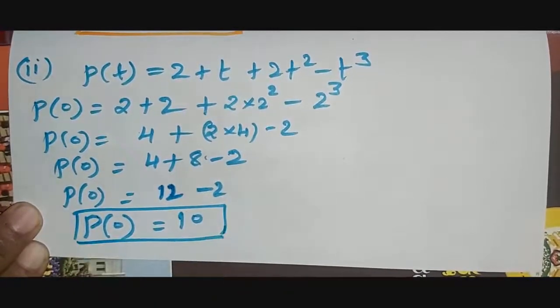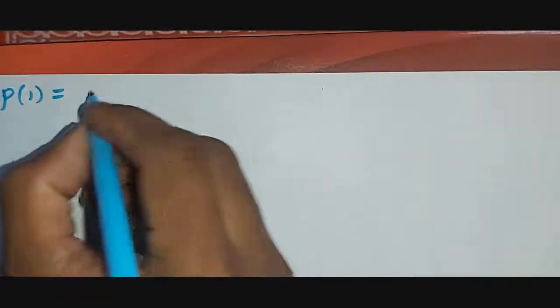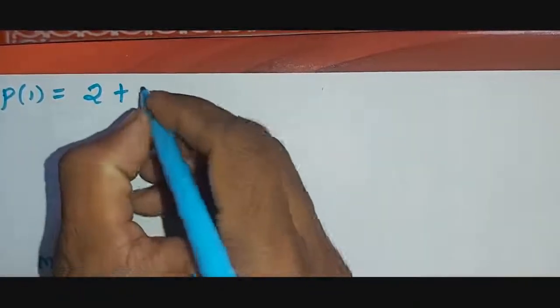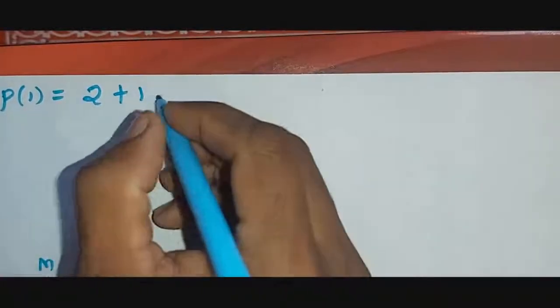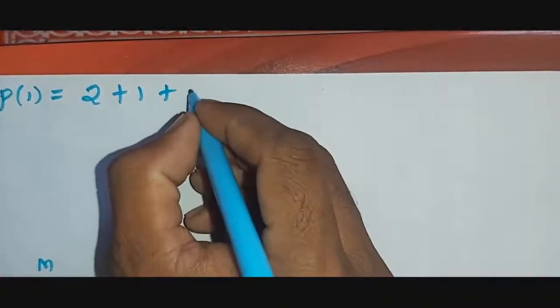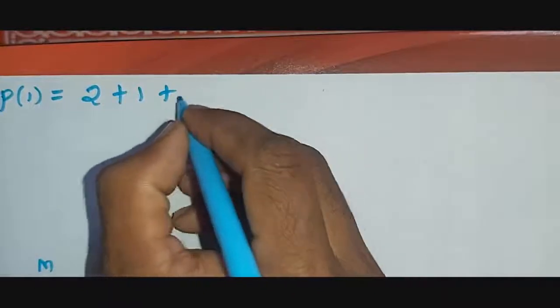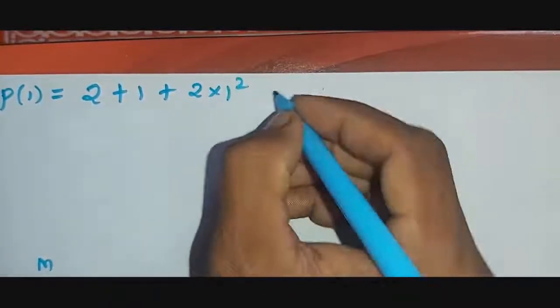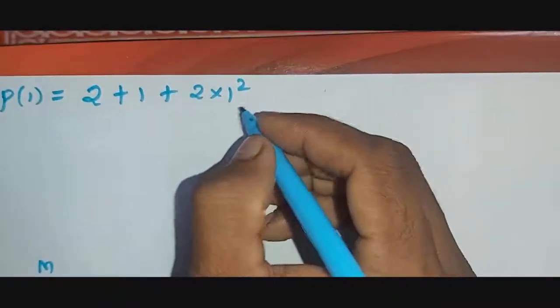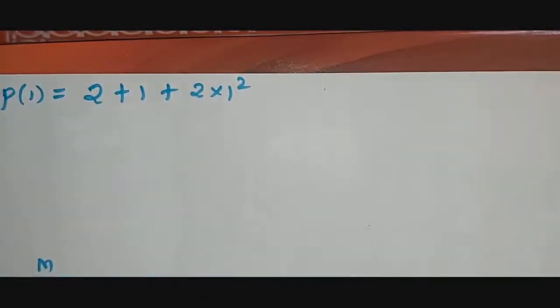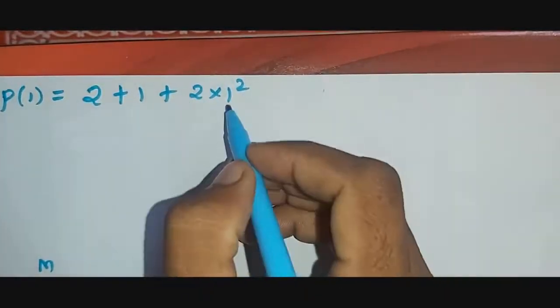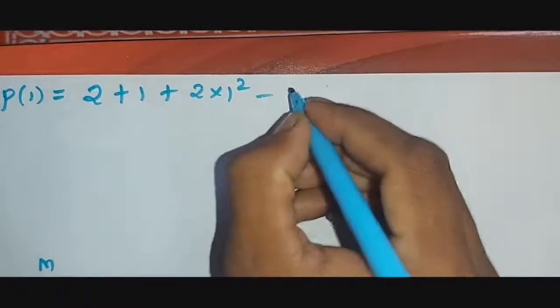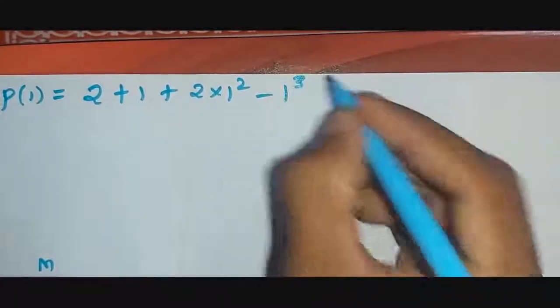Right? Okay, same like that, P of 1 also now. P of 1 is equal to, that is polynomial 2 plus, in the place of t, that is 1, plus again 2t square means that is 2 into 1 square, minus t cube means that is 1 cube.